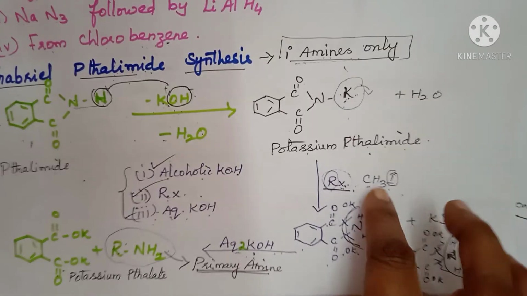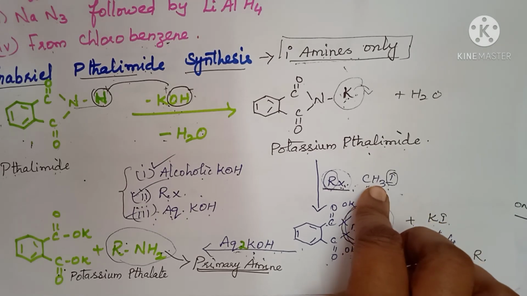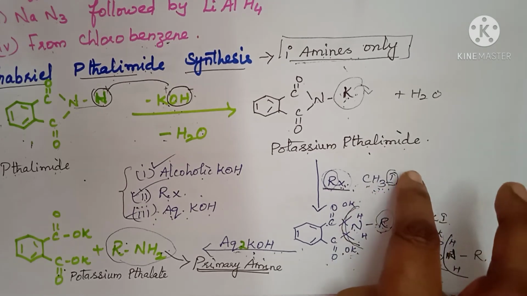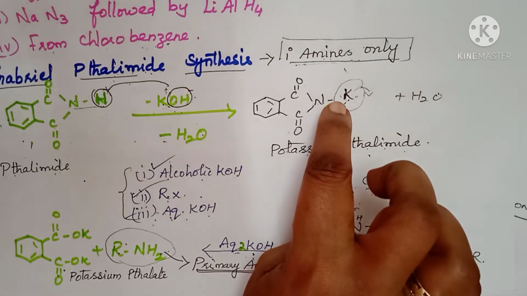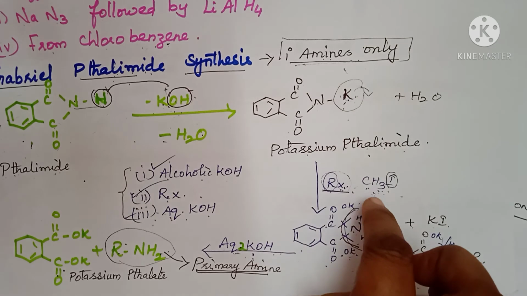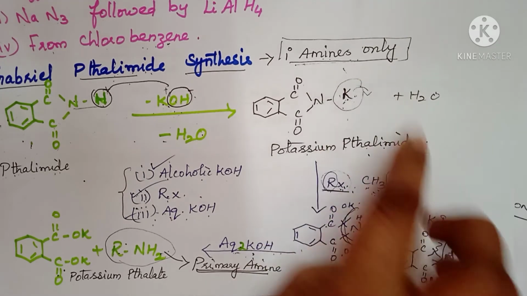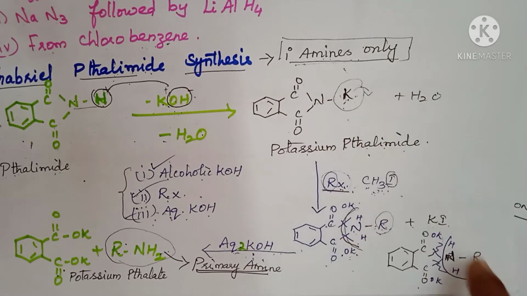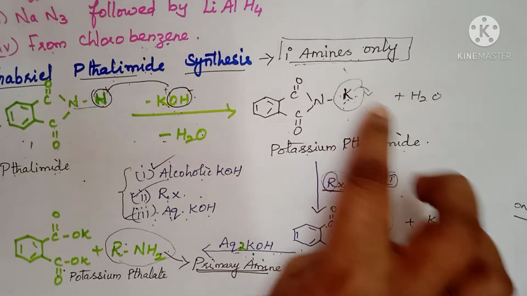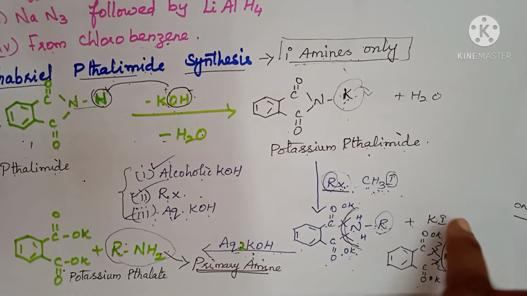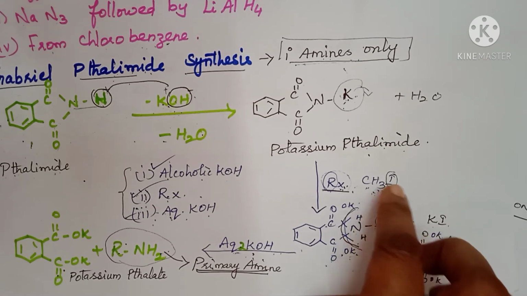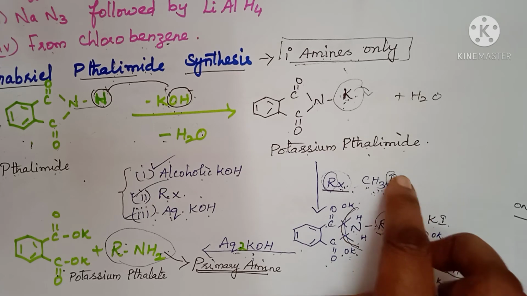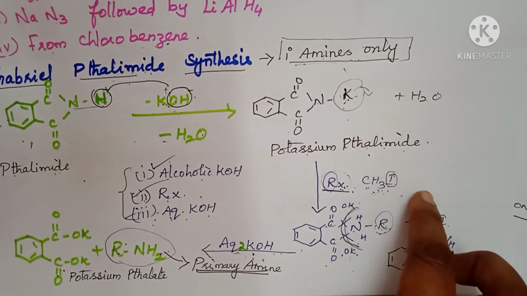Why? Because here only one group is there. If the number of carbons is more, steric hindrance will take place, so it will not easily react. With potassium and iodine, you easily get potassium iodide as the byproduct. But if you have a secondary halide or tertiary halide with a higher number of carbons, steric hindrance takes place.